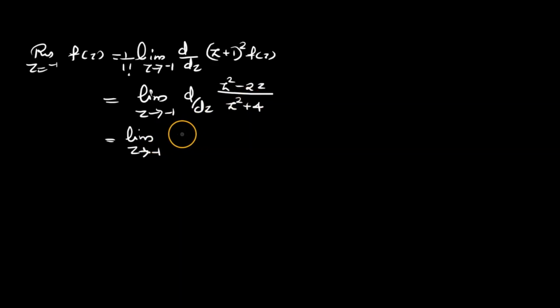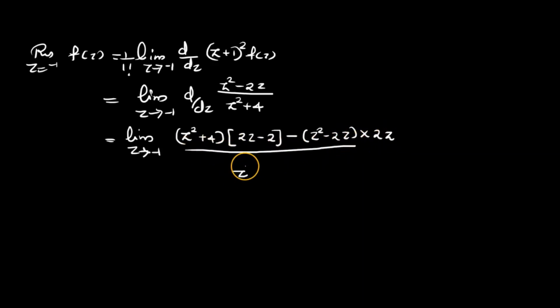So we take the derivative of this function. This is in u by v form: denominator times derivative of numerator, which is 2z − 2, minus numerator (z² − 2z) times derivative of denominator, which is 2z, divided by (z² + 4) whole squared. Now substitute z = −1.